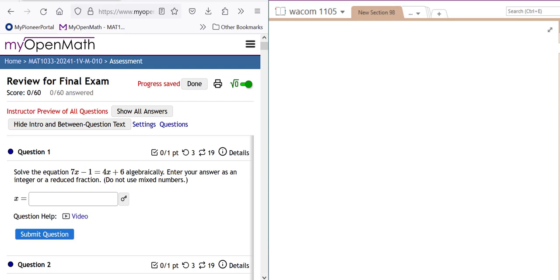All right, so we're looking at your practice final or your review for the final exam in your software. And first we just have a linear equation. So you remember with linear equations that you isolate the variable.